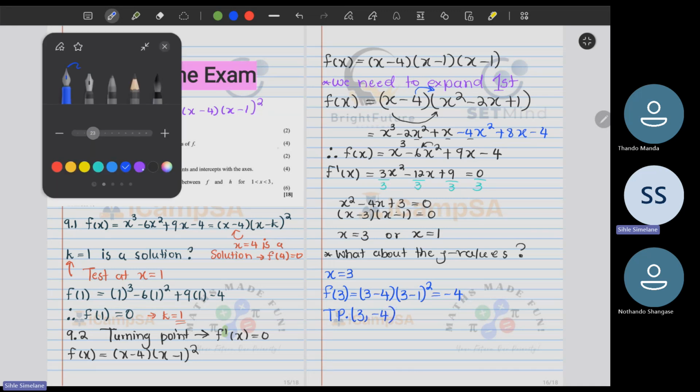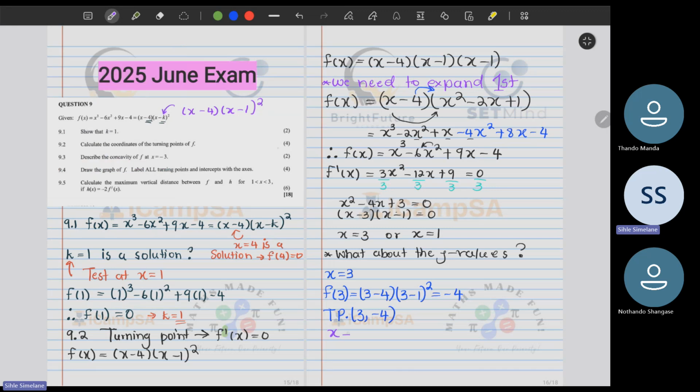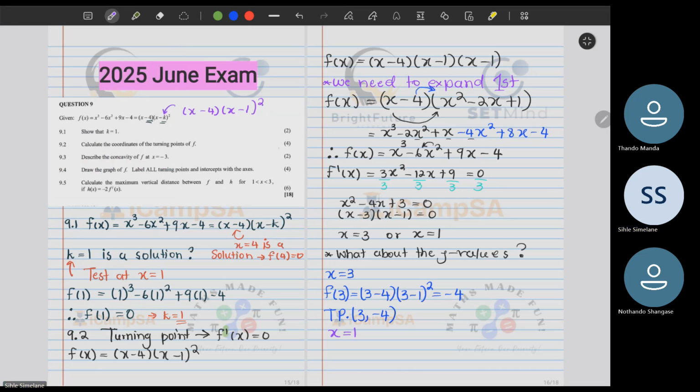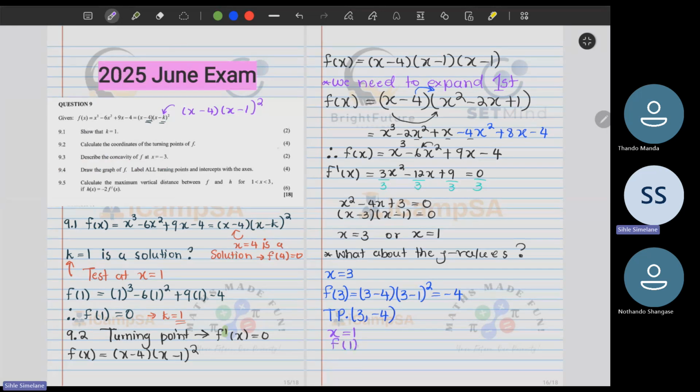Okay. Then we can go and do the other one, which is at x equals 1. So we can do f of 1. And if you observe carefully, we are going to have 1 minus 4, and then 1 minus 1 all squared, which is going to give us 0, which means we have another turning point at 1 and 0. Okay, that is where we have the turning point.